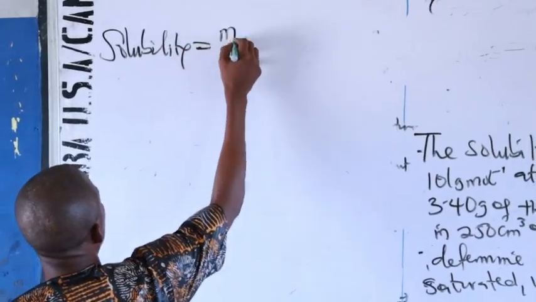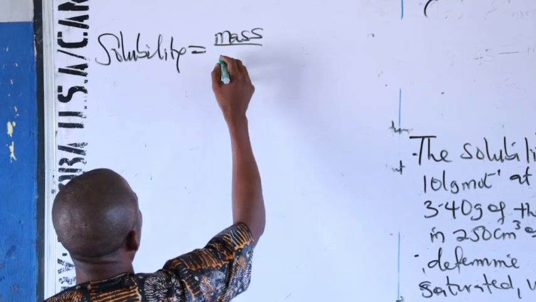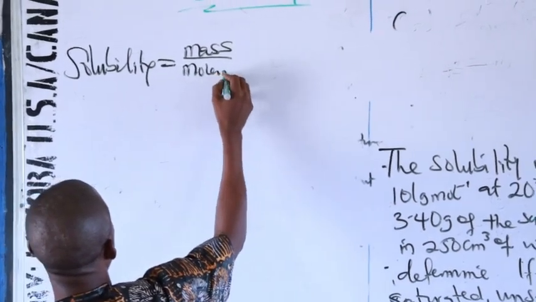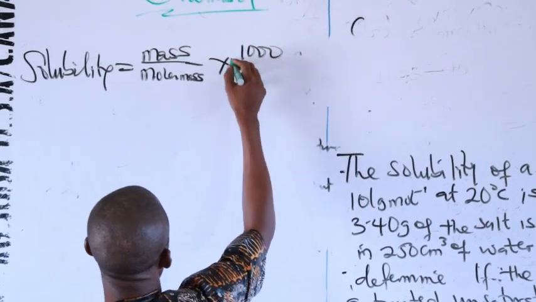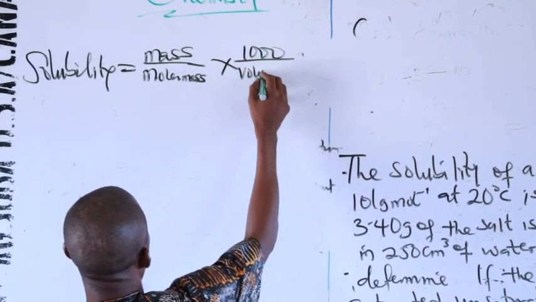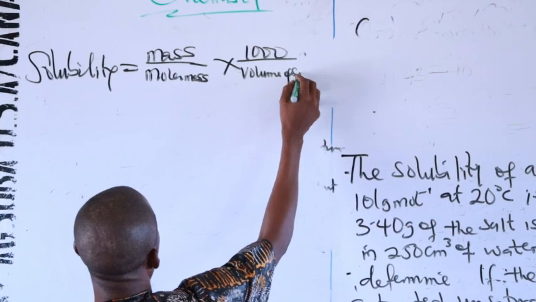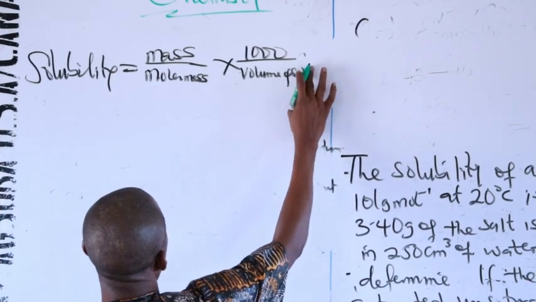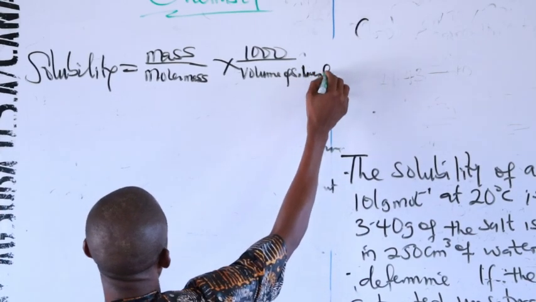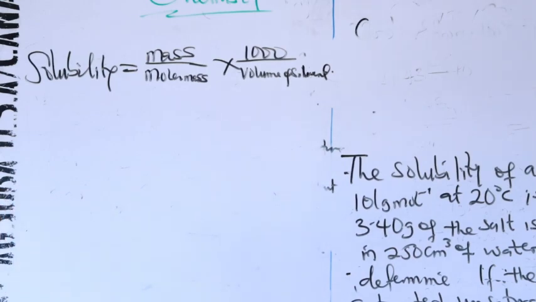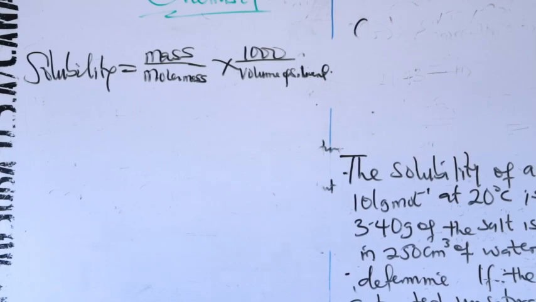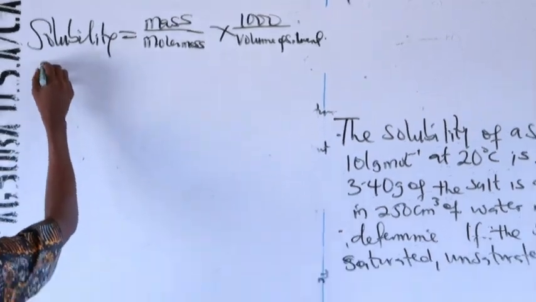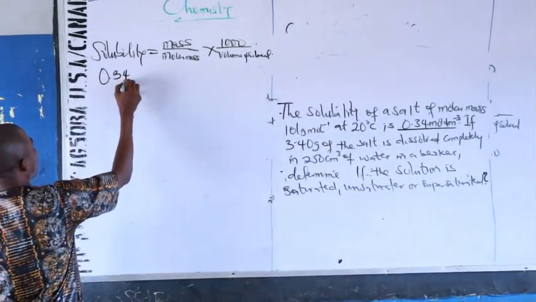Solubility is equal to mass of the solute over the molar mass times 1000 over volume of solvent. The solubility of the salt is given as what? 0.34.